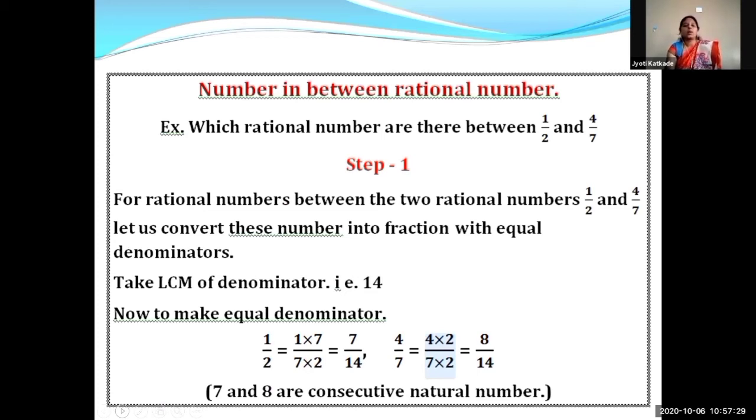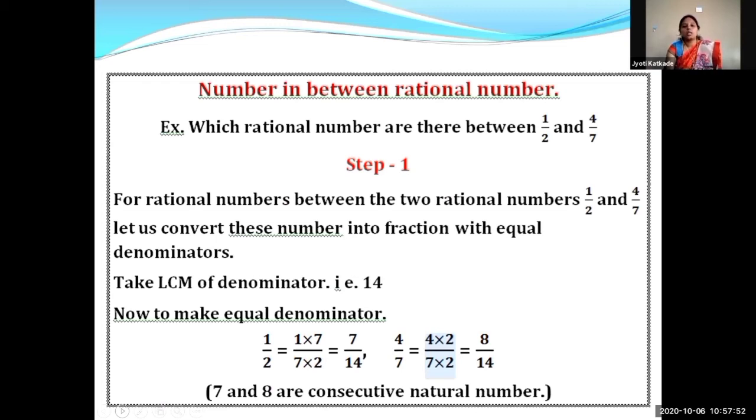Means when the denominator is not the same, first of all we have to convert these numbers into equal denominators. And you know how we can make equal denominators? By taking LCM. So take LCM of denominators, that is 2 and 7, which is 14.